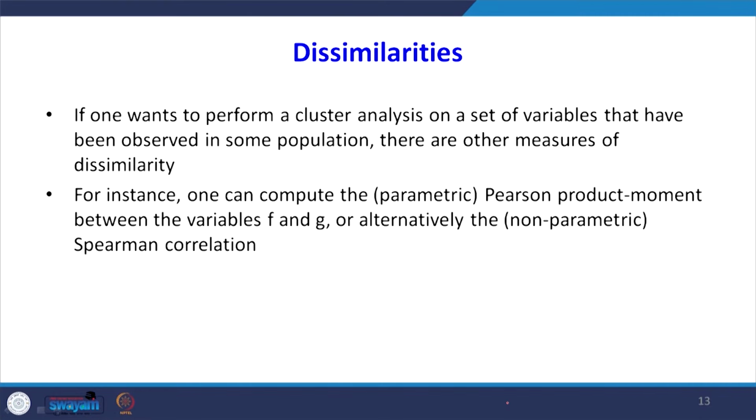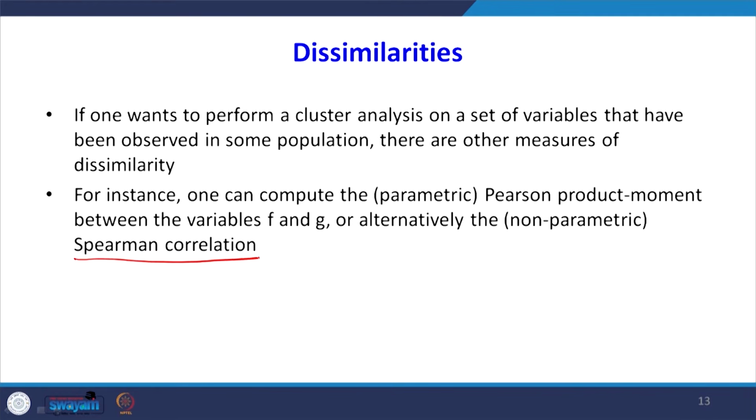If one wants to perform a cluster analysis on a set of variables that have been observed in some population, there are other measures of dissimilarity. For instance, one can compute the parametric Pearson product moment correlation between the variables f and g, or alternatively the non-parametric Spearman correlation.